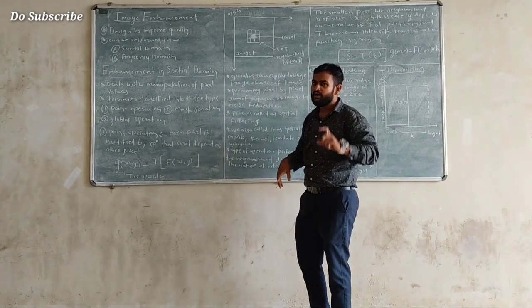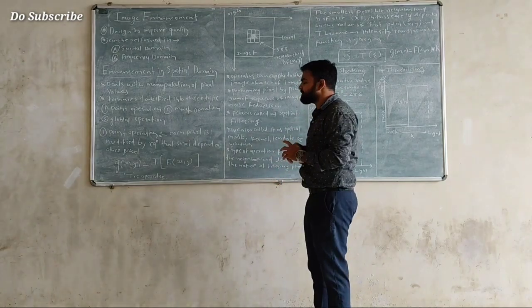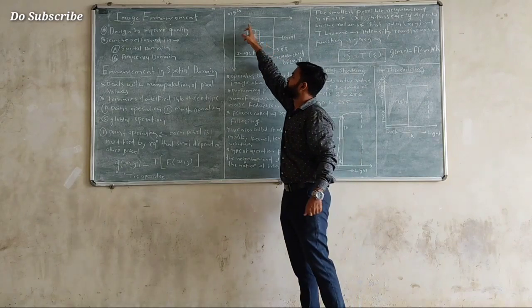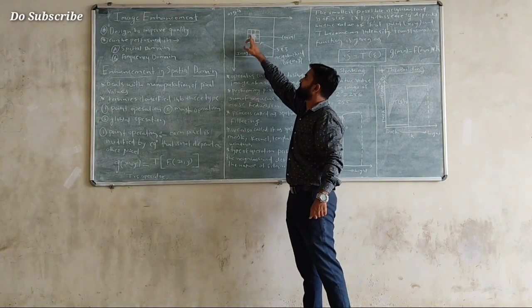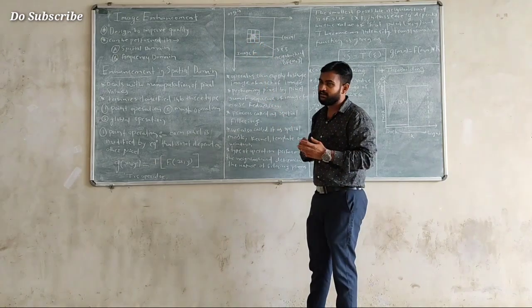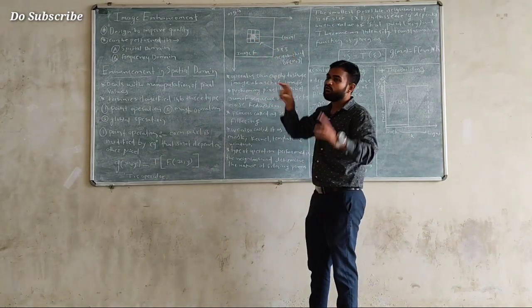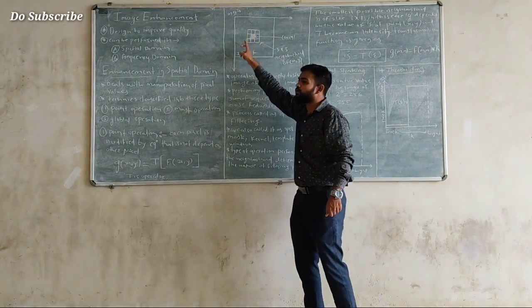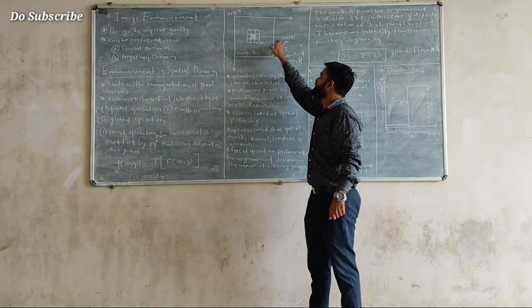T is an operator, a specific operator. Sometimes we call it a mask. So we have consideration of this mask, and this is a pixel, and the remaining side is the neighborhood of that pixel, the neighborhood of x comma y. So we have to operate T on the neighborhood of that pixel x comma y.